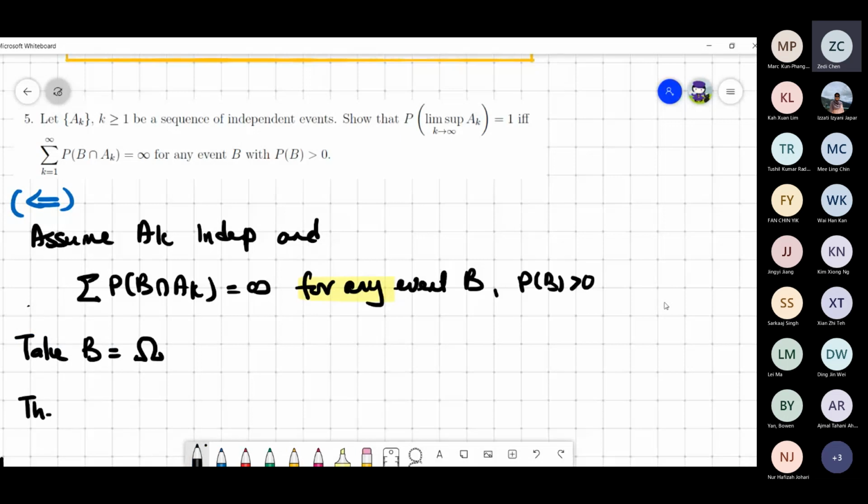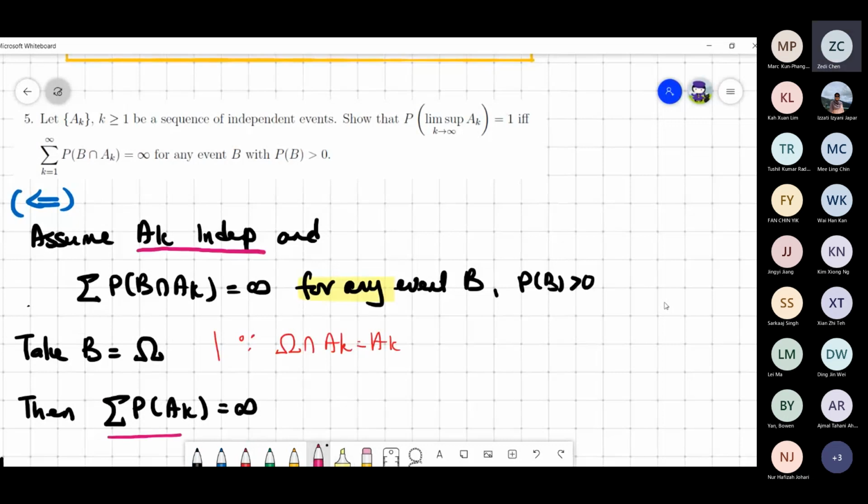Then we can have the sum of P(AK) equals infinity. So I think this is clear. This is simply because omega intersect AK is always equal to AK. So then this is infinity. So now we have two hypotheses here. Number one, AK independence, and this is infinity.